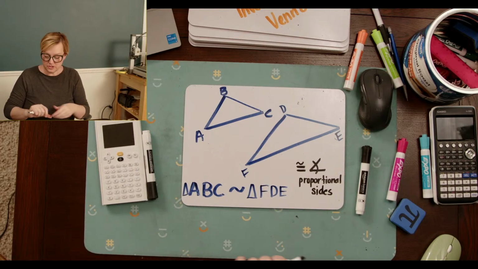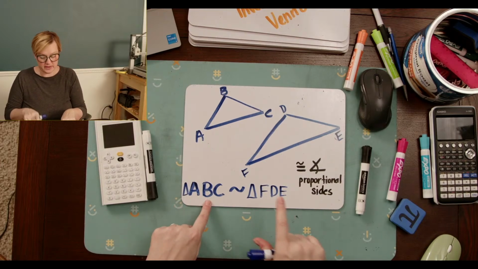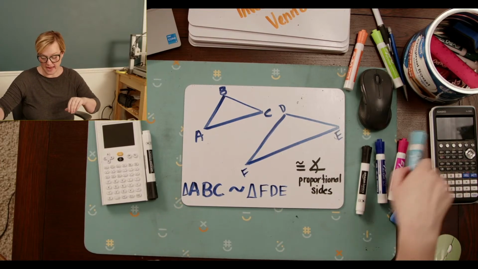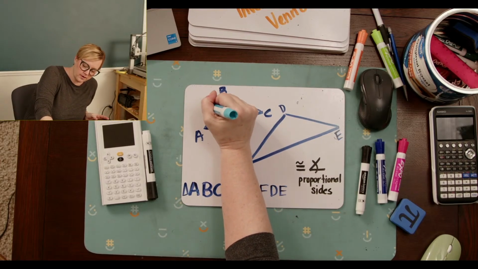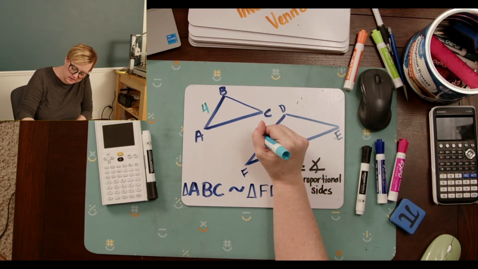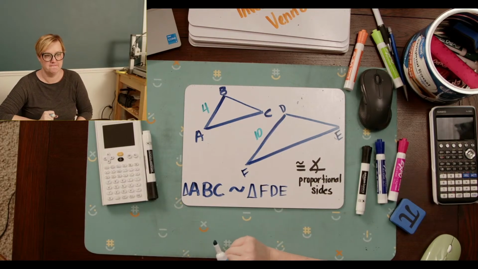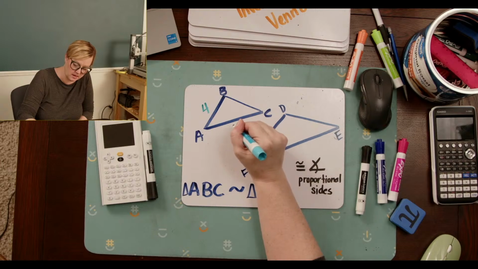So if I give you some of these measurements, angle A is congruent to angle F, angle B is congruent to D, angle C is congruent to E. If I gave you some of the lengths, let's say that this side is 4, and this side is 10, and then let's say that this side is 7.